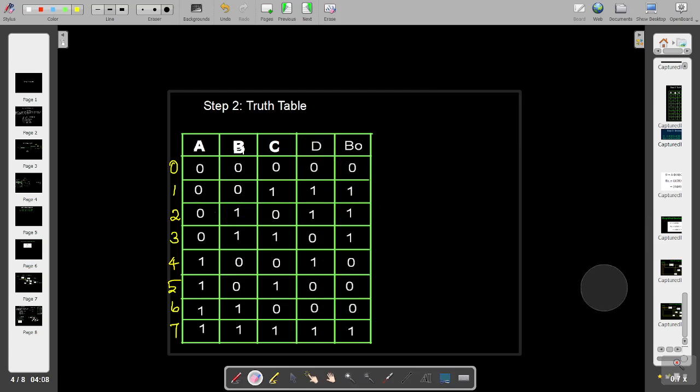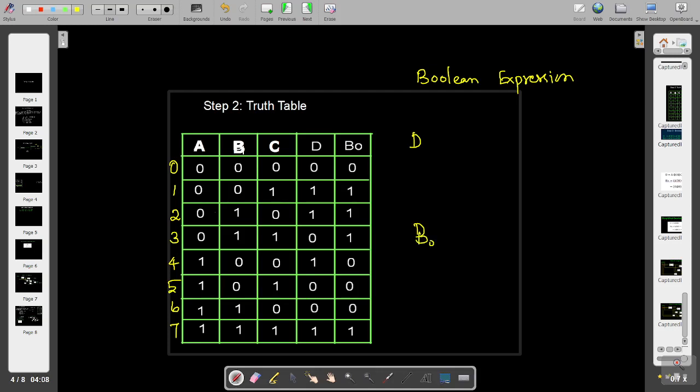Now the third step is to get the Boolean expression out of this. So to get the Boolean expression, we have two outputs, namely D and B naught. So we will be having two Boolean expressions, D and B naught.